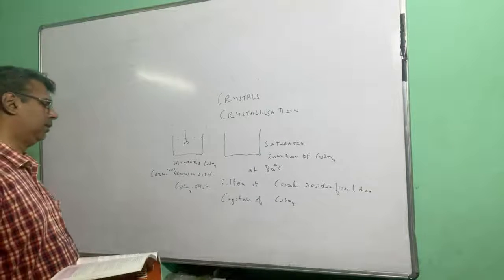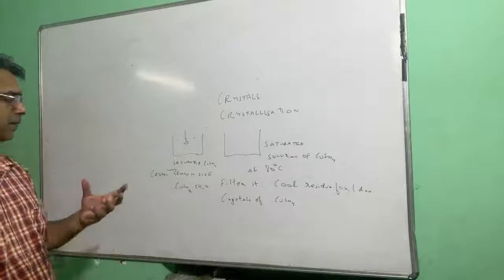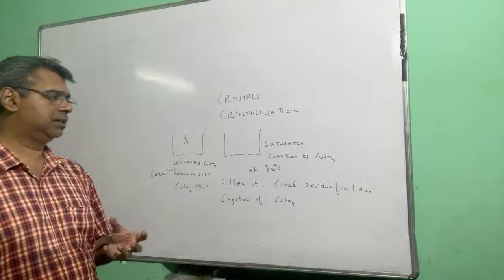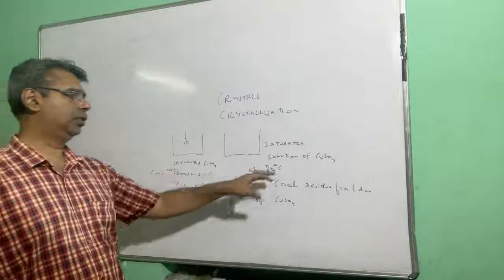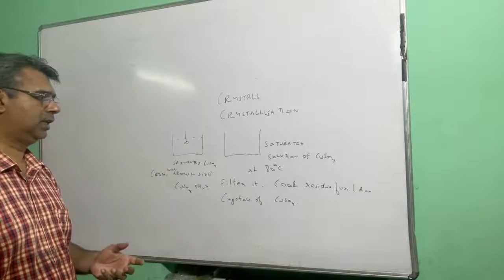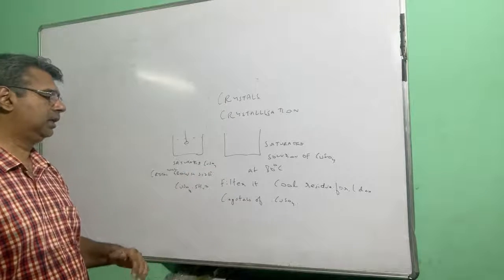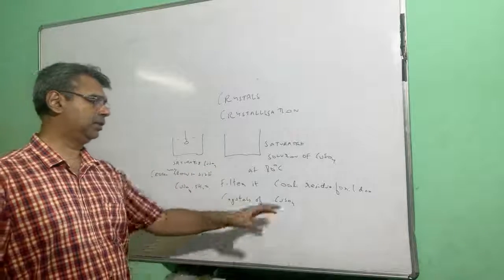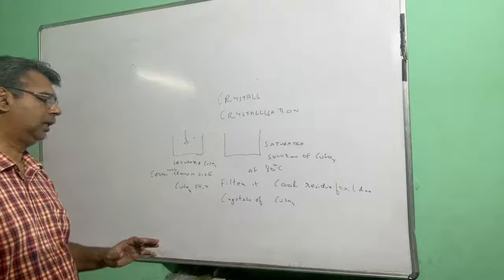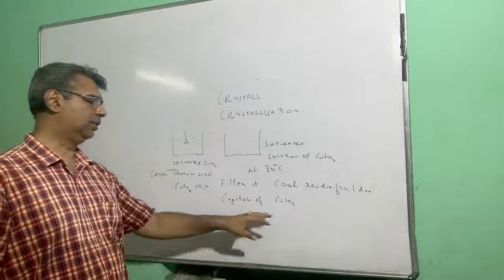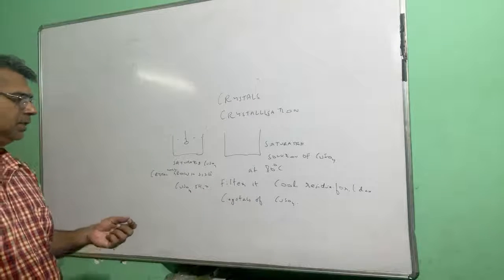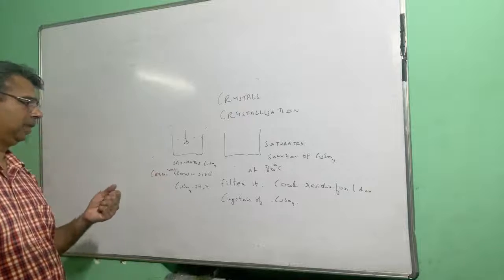So initially what you did, copper sulfate is a powdery substance, it's an anhydrous substance. You initially took copper sulfate and made a saturated solution at 80 degrees. After that, you filtered it and got some residue. You cooled the residue for 1 day. After 1 day, you will get some needle-shaped crystals of copper sulfate.